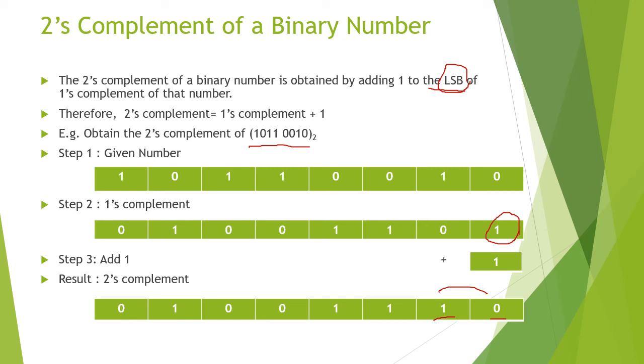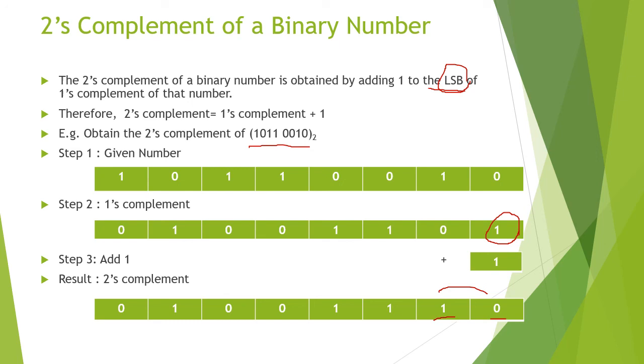So this is how we can find out the ones and twos complement of the given binary number. You can take many binary numbers and just follow these simple steps and try to find out ones and twos complement of the given numbers.